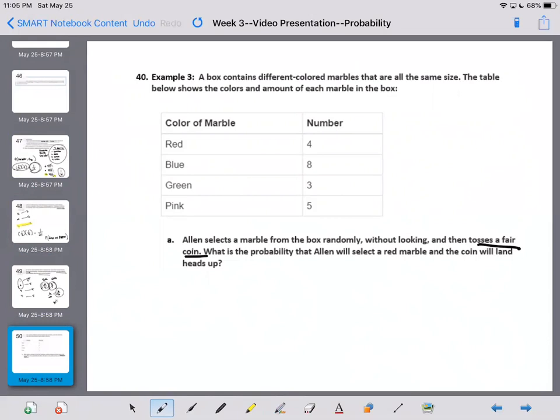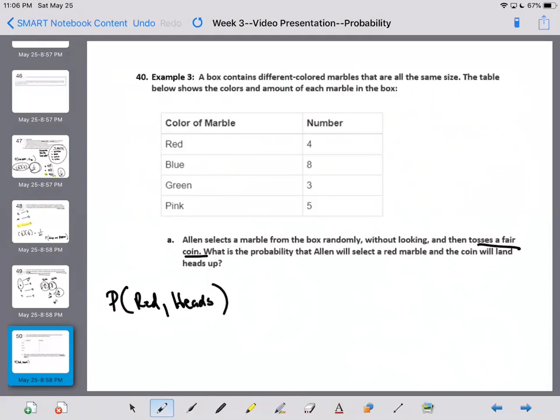Well, these are independent events, but the compoundness here is the choosing the marble and flipping a coin. So what you're looking for is the probability that you would get a red marble and the coin would be heads up.